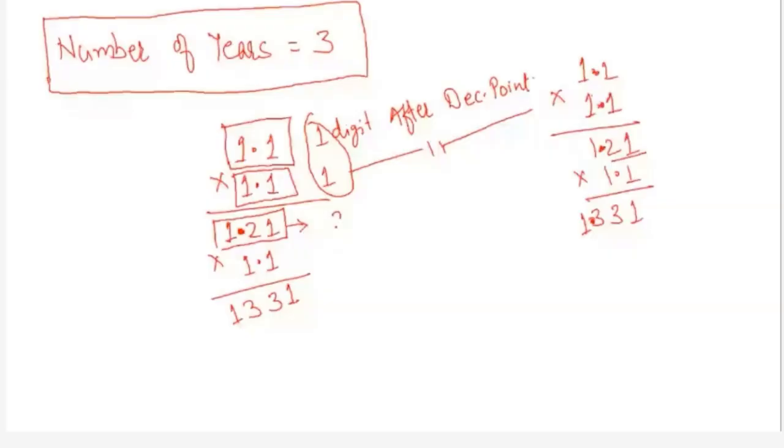And in the next number, how many digits are after the decimal point? 1. So total how much? 2 plus 1, 3. So your answer should have 3 digits after the decimal point. So it will be 1.331.